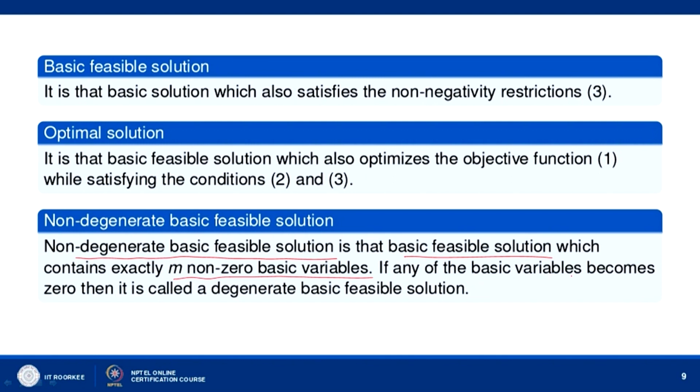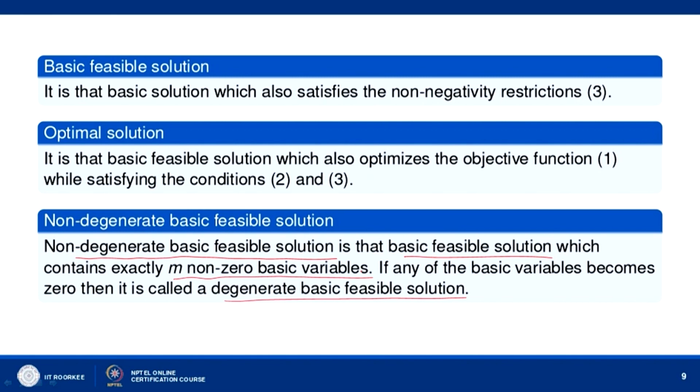If any of the basic variables s1, s2, ..., sm becomes 0, then the solution will be called a degenerate basic feasible solution. Okay. In case of a non-degenerate basic feasible solution, s1, s2, ..., sm will be non-zero. Okay. So, it is that basic feasible solution which contains exactly m non-zero basic variables; s1, s2, ..., sm must be non-zero.